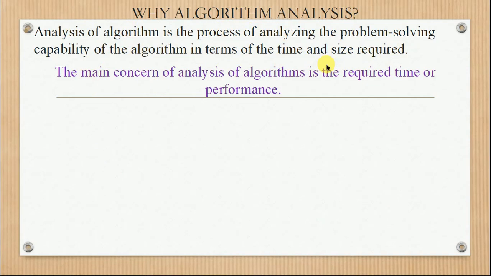Analysis is required because for the problem that I have developed as an algorithm, I need to know how much time it requires to execute and how much space it requires in memory. If I try some other algorithm for the same problem, whether it will be more efficient in time and space. If so, I will go for the efficient one.